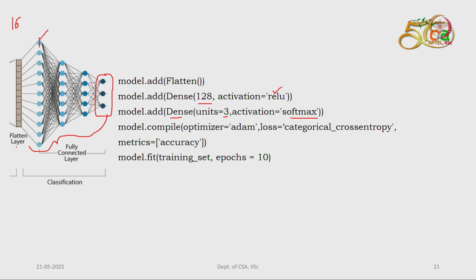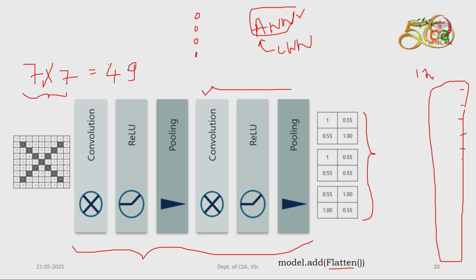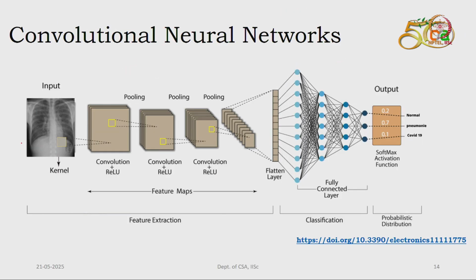So, let us go back to the very first diagram. Up till here is the feature extraction. You are passing an input image, then passing through up till your flattened layer, which is your feature extraction. Once you extract the features, you flatten them, and to extract the features you are performing a convolution operation. For convolution, what do we require?